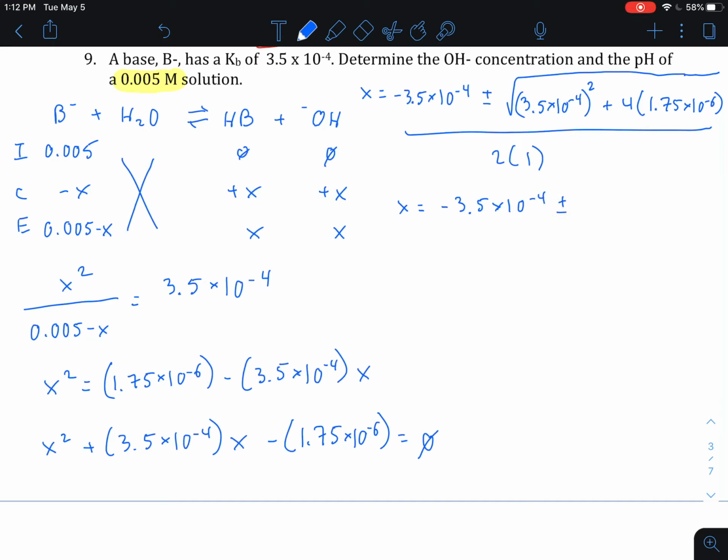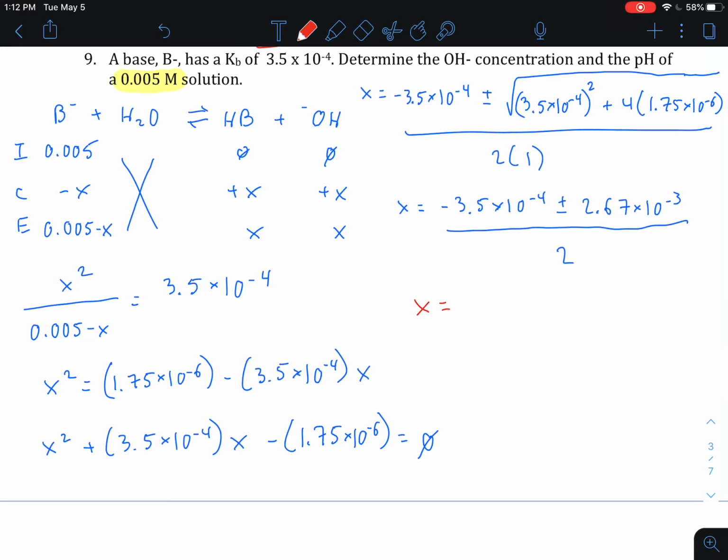Okay, so let's clean that up a bit. I'll figure out what's in the square root. And that becomes 2.67 times 10 to the minus 3, all divided by 2.